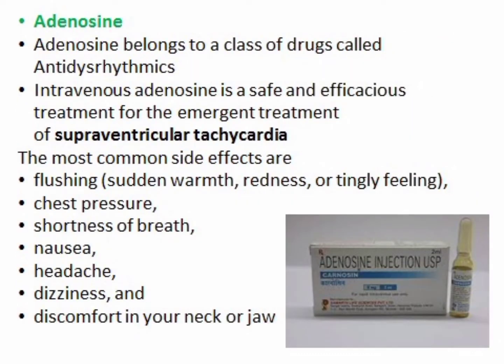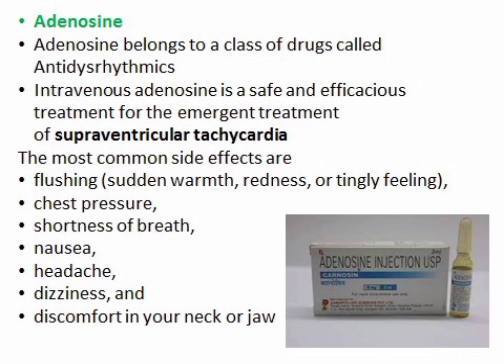Next is adenosine. Adenosine belongs to a class of drug called antiarrhythmic. Intravenous adenosine is a safe and efficacious treatment for the emergent treatment of supraventricular tachycardia. So adenosine is an antiarrhythmic drug. It is used to prevent or control SVT.